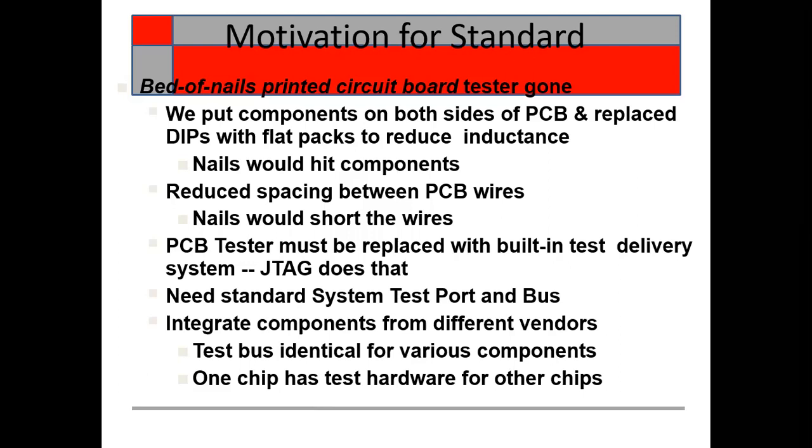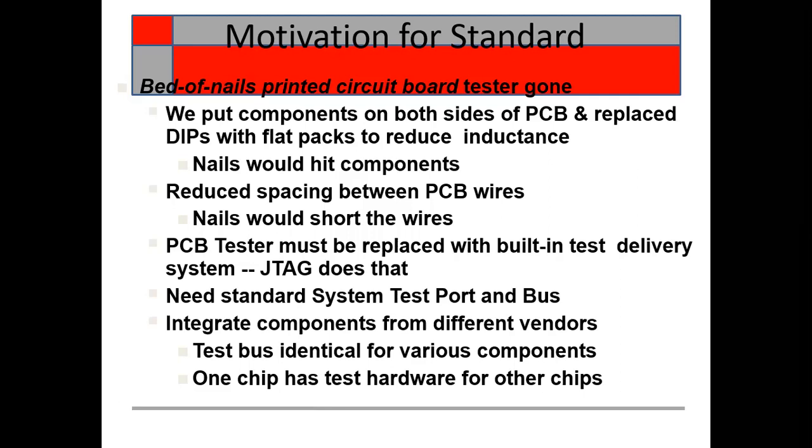The next issue is the reduced spacing between PCB wires. We are able to reduce the spacing between the PCB wires, and a nail would short the wires. So the PCB tester must be replaced with a built-in test delivery system, BIST, the built-in self-test. But JTAG does not work as a built-in self-test.